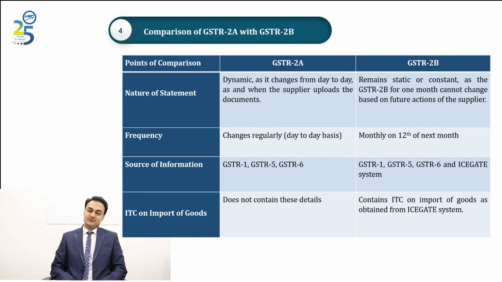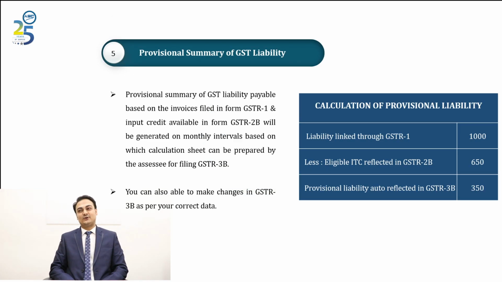The source of information of GSTR-2A was GSTR-1, GSTR-5 and GSTR-6. Now in GSTR-2B, the source of information is GSTR-1, 5, 6, and in addition to that, the ICEGATE system. Whatever IGST you have paid at the time of import of goods has now been auto-populated in your GSTR-2B.